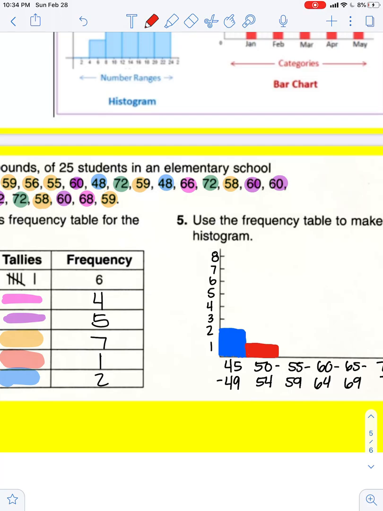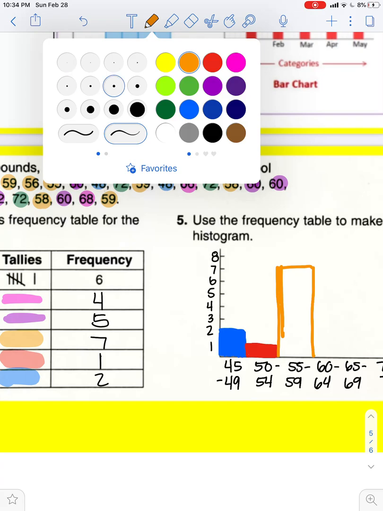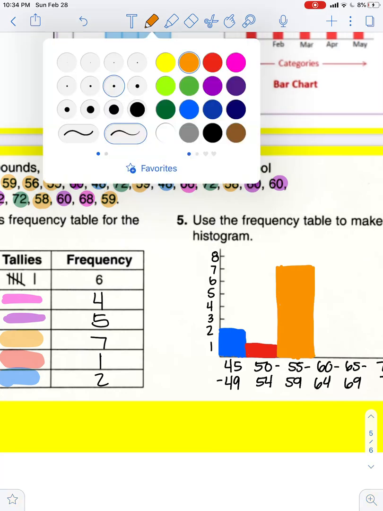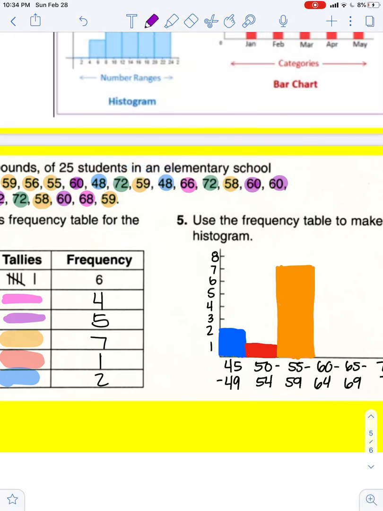55 through 59 had 7. Let's see, that was orange, so we're going to go all the way up to 7. 60 through 64 had 5.